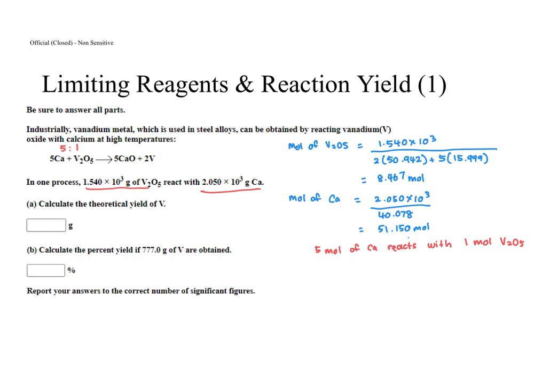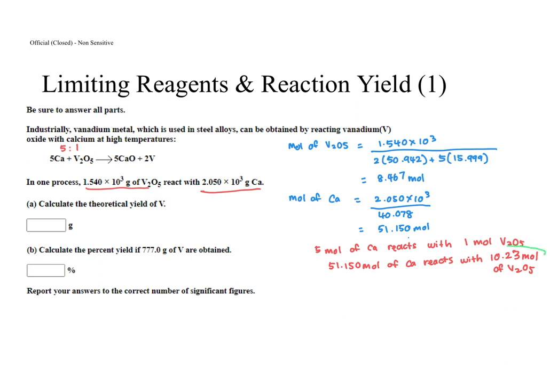And so if you have 51.150 moles of calcium, then using mole ratio, you would take 51.15 divided by 5, and it would react with 10.23 moles of vanadium oxide.